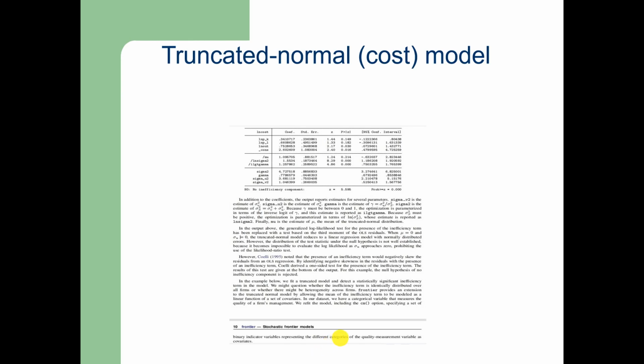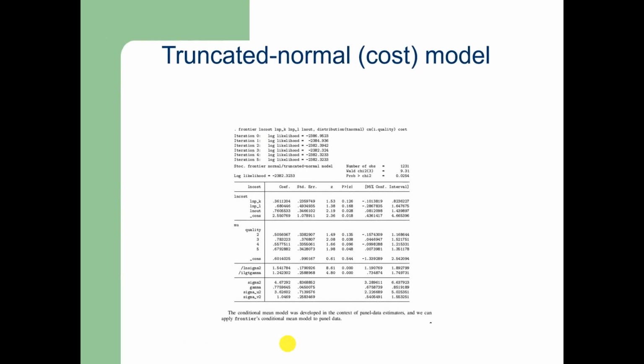In our data set, we have a categorical variable that measures the quality of a firm's management. We refit the model including the cm option, that is conditional mean, specifying a set of binary indicator variables representing the different categories of the quality measurement variable as covariates.